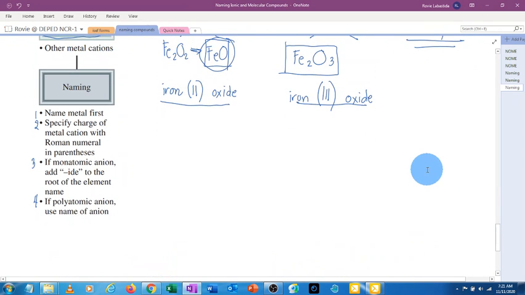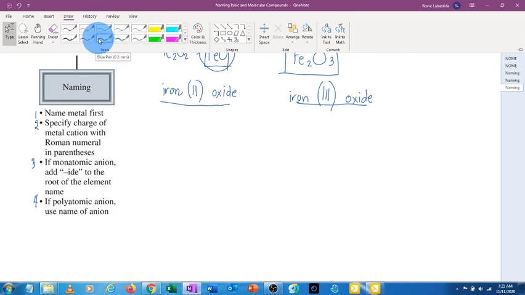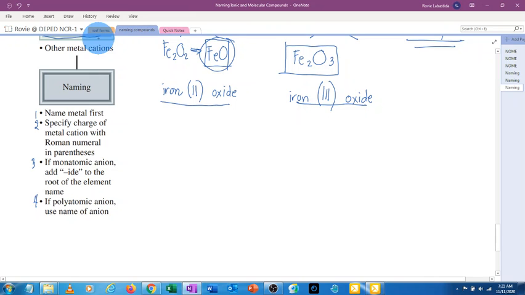So let's say we have cobalt. Cobalt 1 positive.